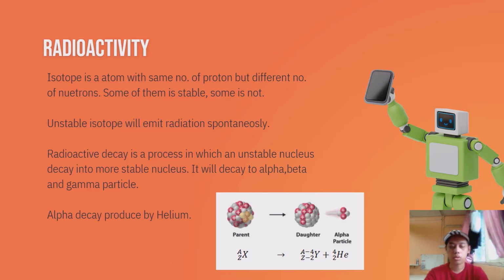So first we're going to talk about the alpha particle. So an alpha particle is produced by helium. For example, like in this diagram here, we can see it's decaying and it becomes this particle, and the alpha particle is produced from the helium particle.